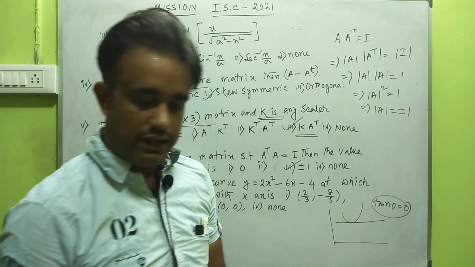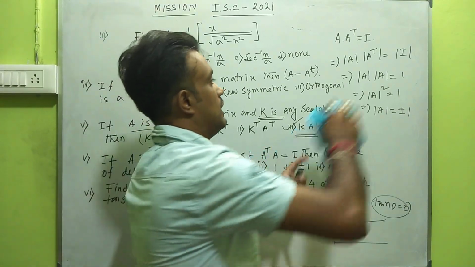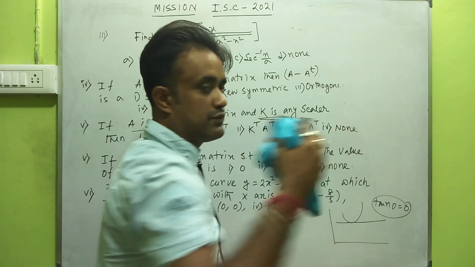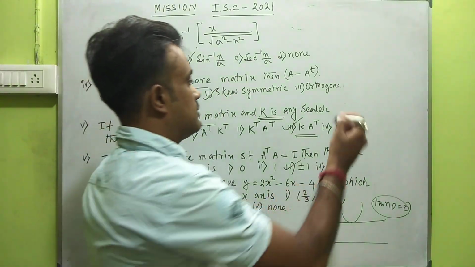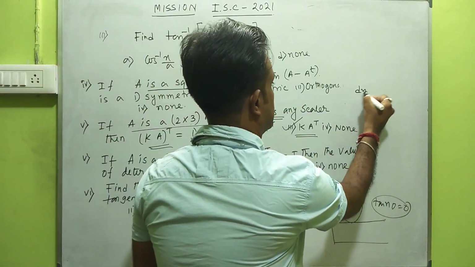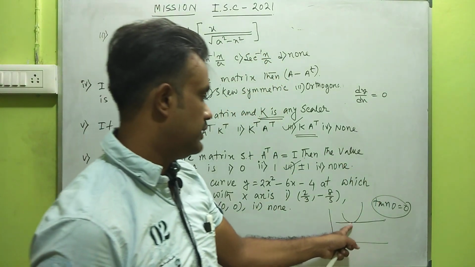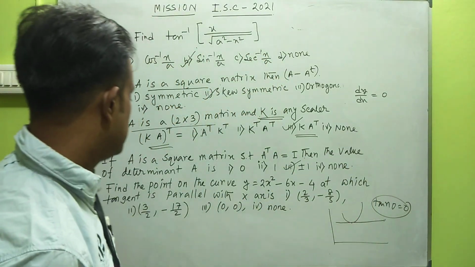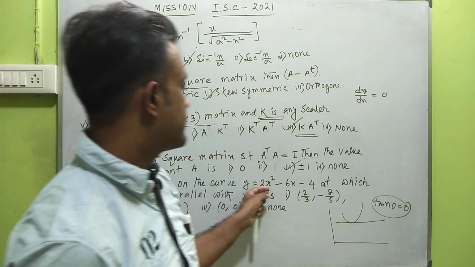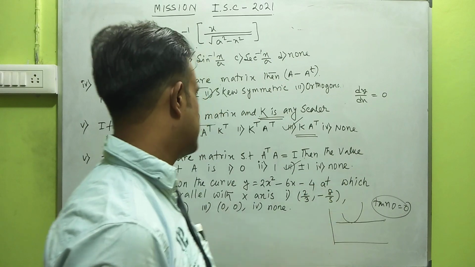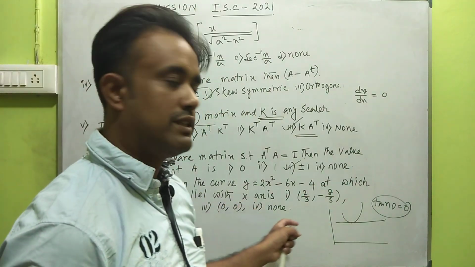So we use the formula of slope. So dy/dx must be 0. At that point dy/dx must be 0. So find the point on the curve y is equal to 2x square minus 6x minus 4 at which the tangent is parallel with the x-axis.